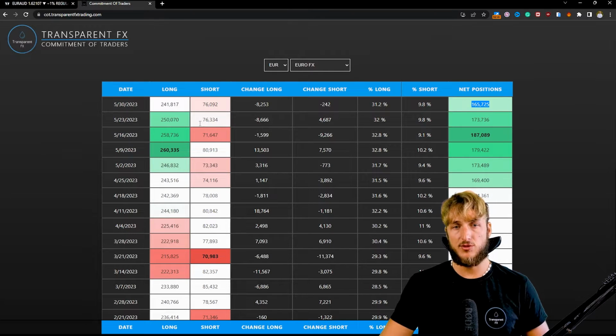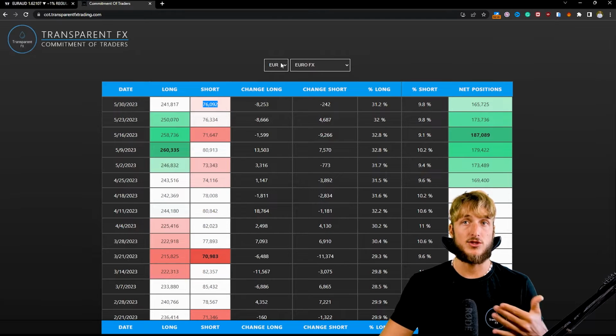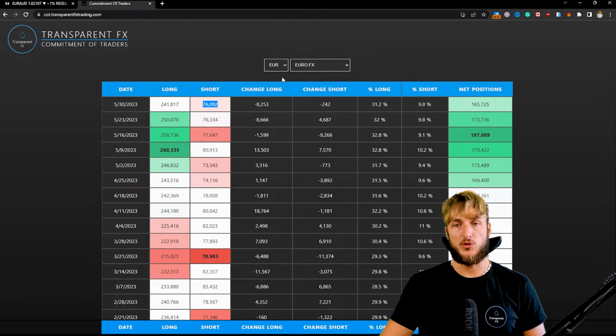So there is definitely the possibility that the euro will get stronger, considering that institutions in the long term have been increasing their longs, going from 215k to 241k. And if we look at the shorts, overall, even in the short term, they're getting decreased from 80k to 76k. So the euro is currently starting to get a bit stronger. So there is the possibility of a potential move higher.